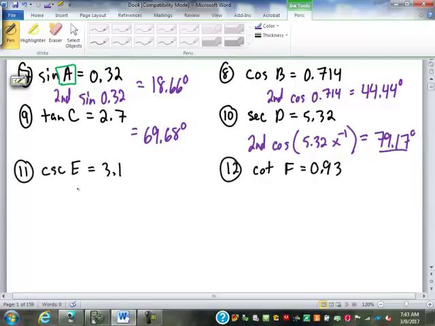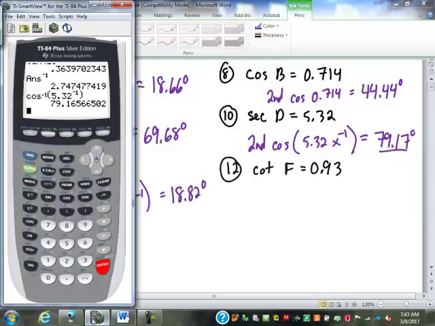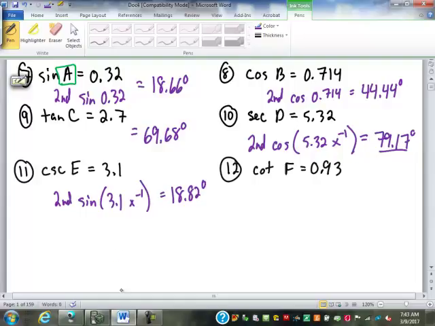Cosecant, we're going to use the sine. So again, it's that second sine, and then 3.1, and we're going to do the x negative 1 inside those parentheses. What do we get? 18.82? Let's take a look. Second sine, 18.819.